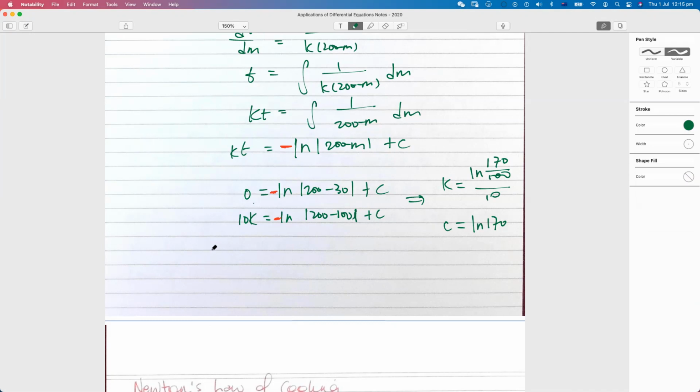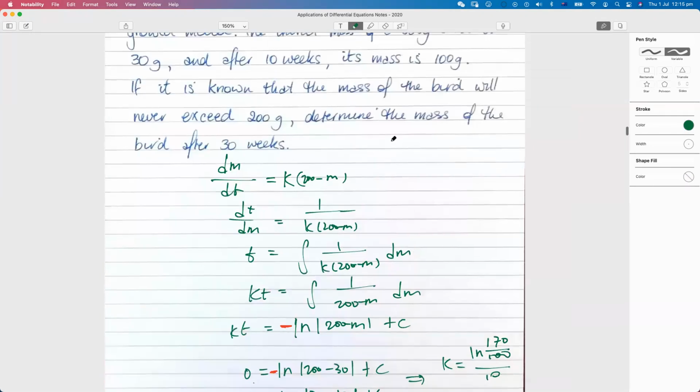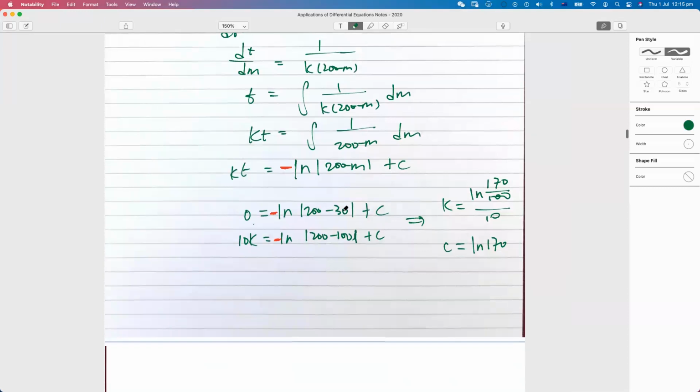The question is asking to determine the mass of the bird after 30 weeks. So 30k is equal to negative natural logarithm, and k in this case is this one.